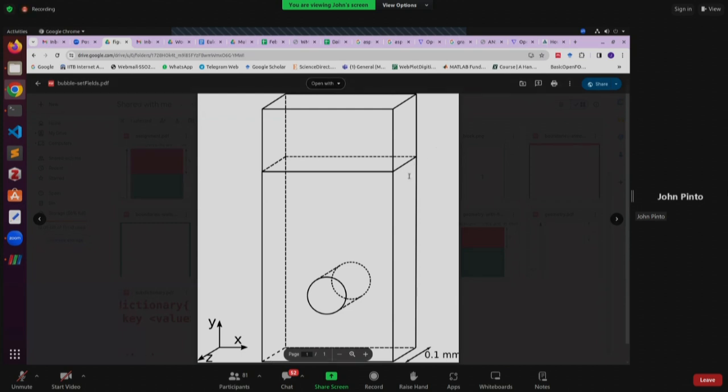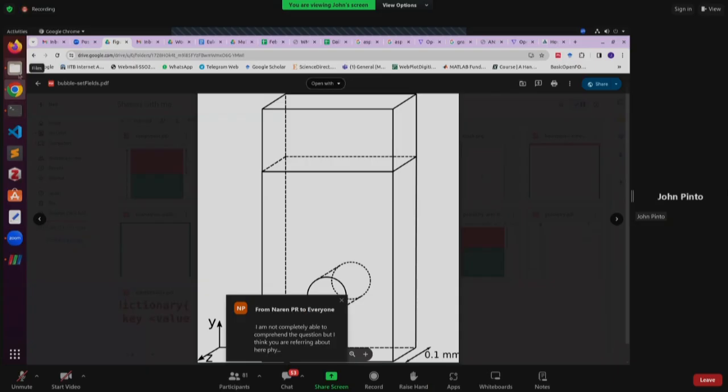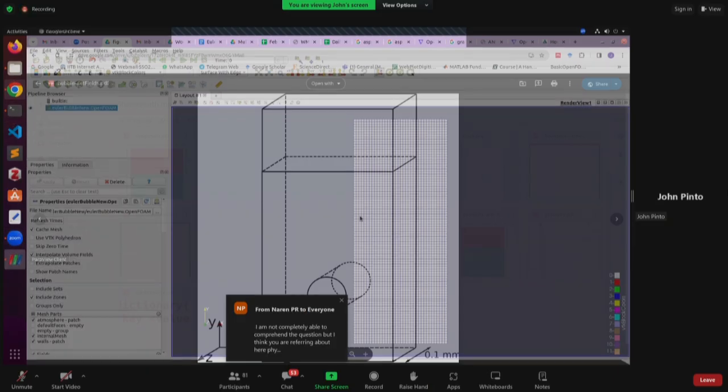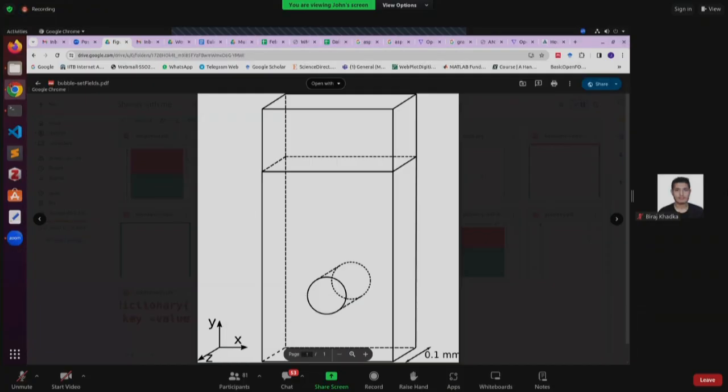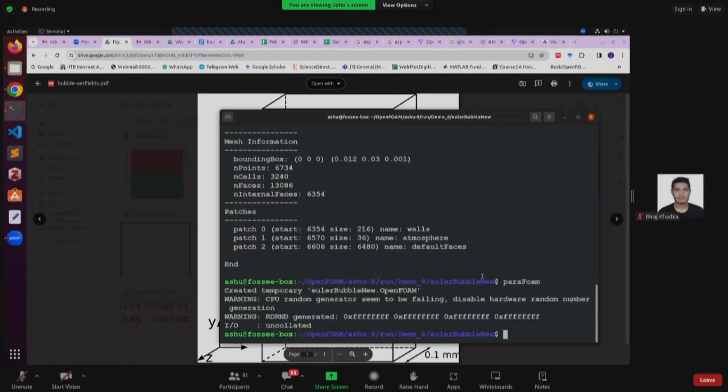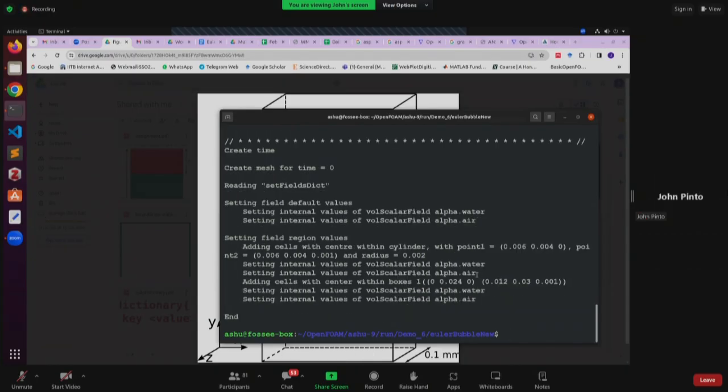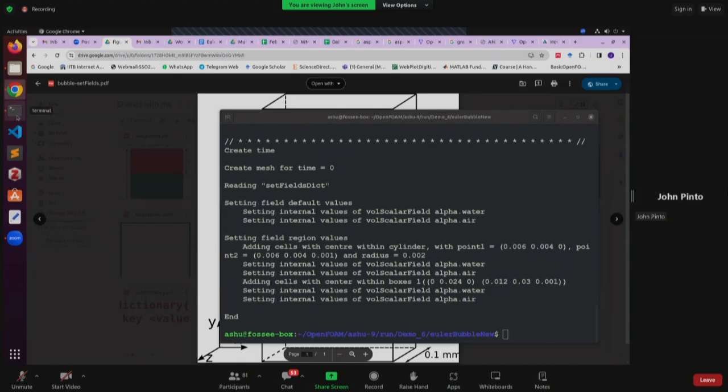After this I need to run the setFields utility, and once setFields is run, you will see the difference. Right now we have nothing. Just let me run setFields. I will also go through the setFieldsDict once, but let's first visualize it.